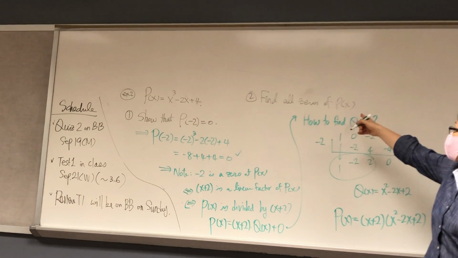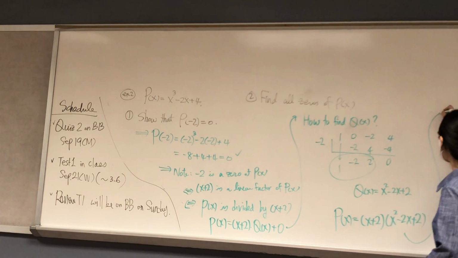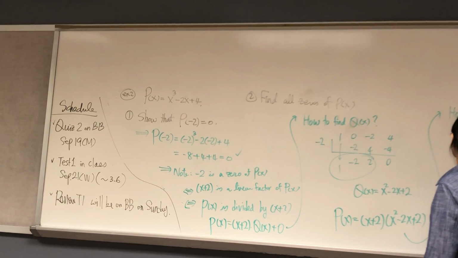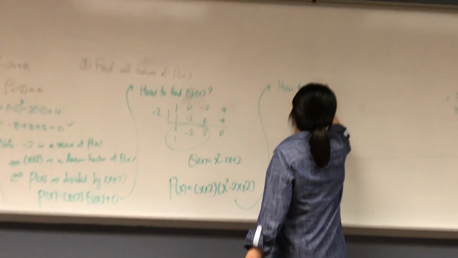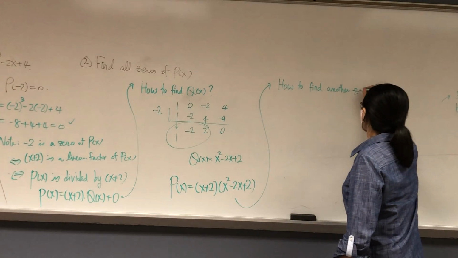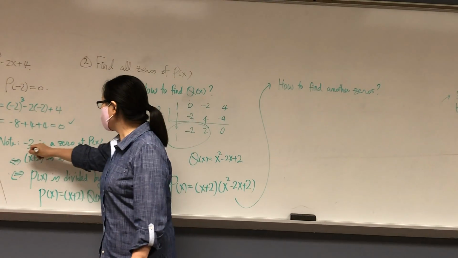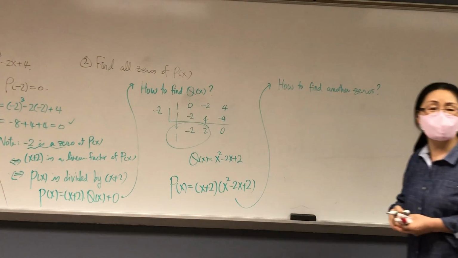But this still cannot directly give the 2 zeros, am I right? Because I only know 1 zero here. So how do you find the other 2 zeros?